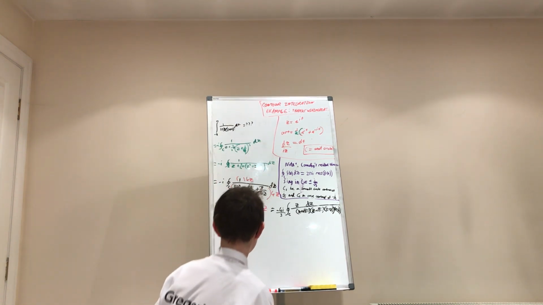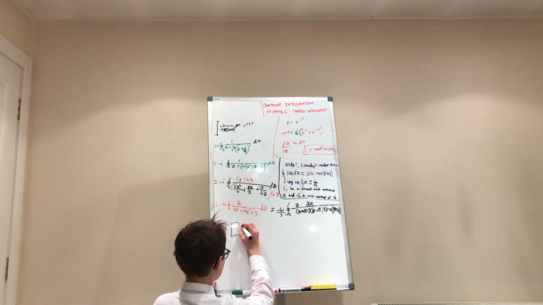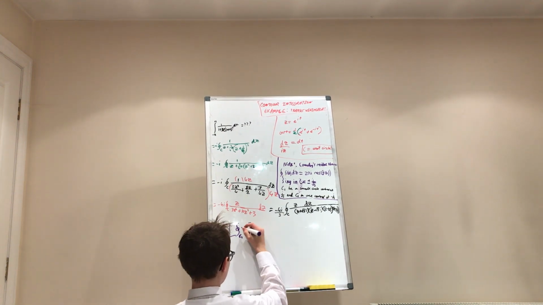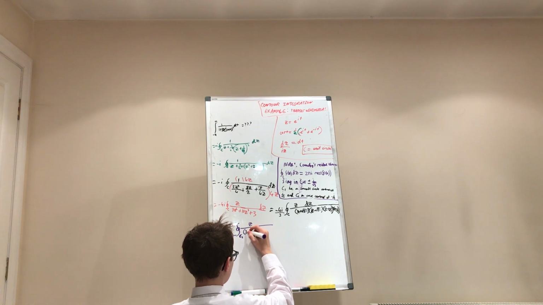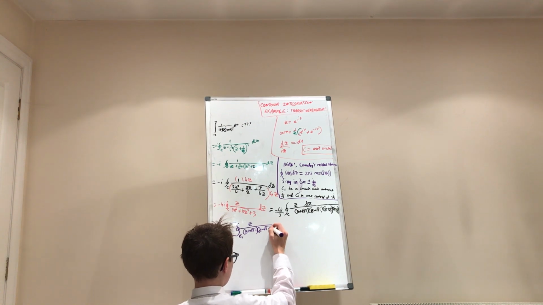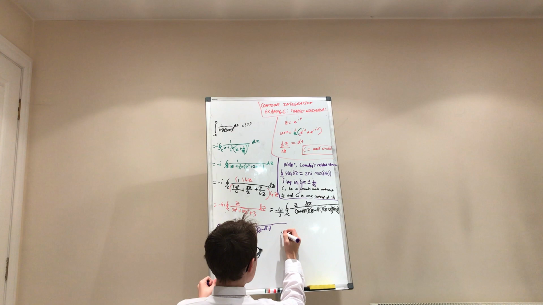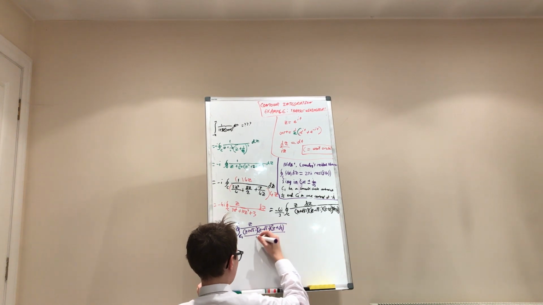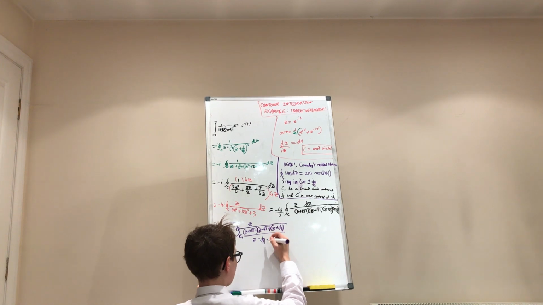So what's our first contour integral? That's over C1 of z over z plus square root of 3 times i, times z minus square root of 3 times i, times z plus i over square root of 3, all over z minus i over square root of 3.